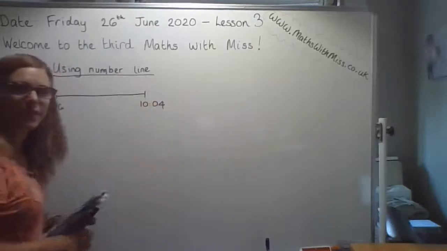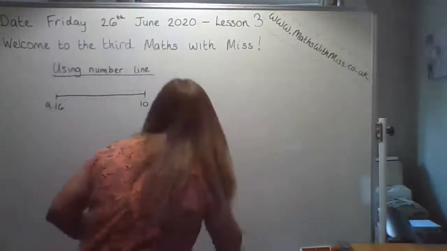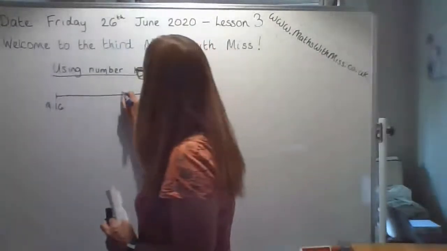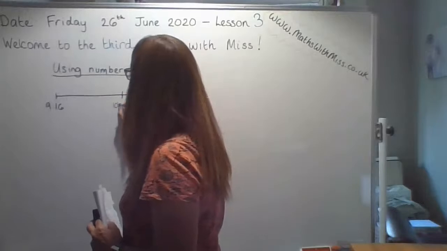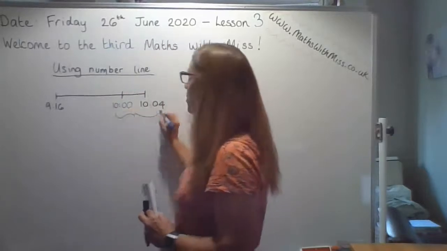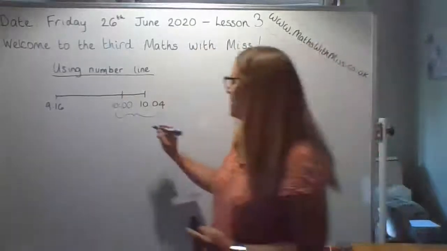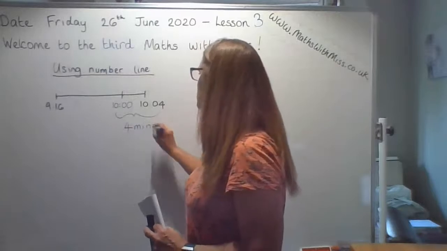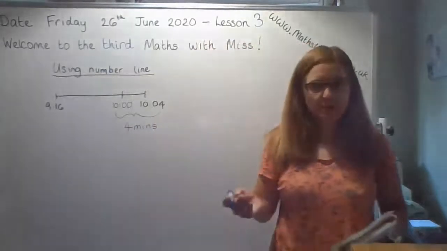Let's make it a little bit easier. So we could put in maybe 10 o'clock here. And we can see to get from 10 o'clock to 10:04 takes us 4 minutes. All right, not bad.